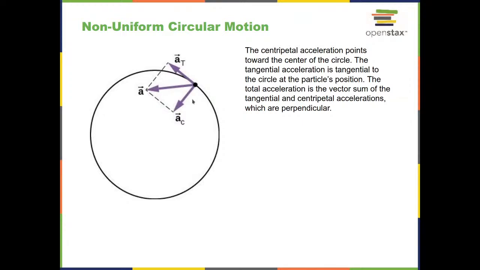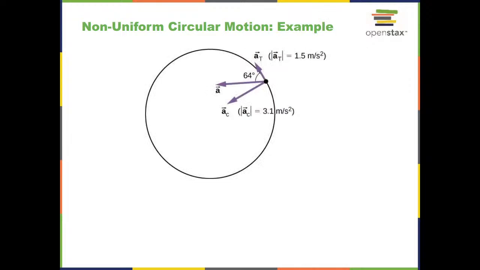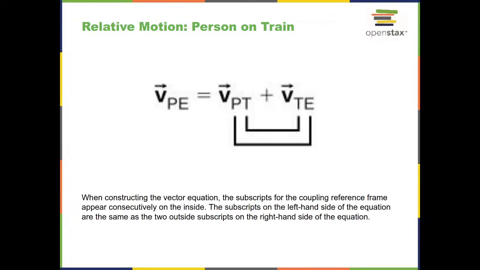And that introduces some additional effects that we aren't ready to get into and probably aren't going to get into until you get to the course of general relativity, which might be a few years from now. So for now, we're going to just look at reference frames that are moving with a constant velocity with respect to each other. One example that's given in the textbook is that of a person walking on a train.